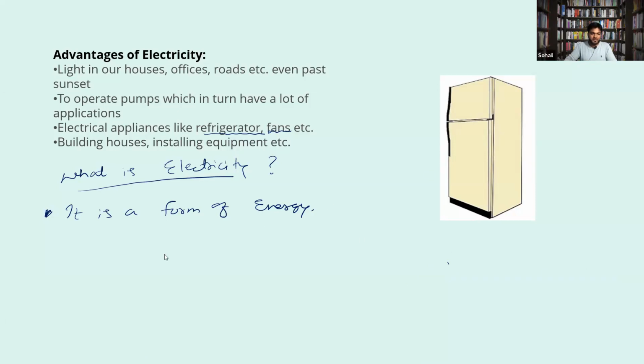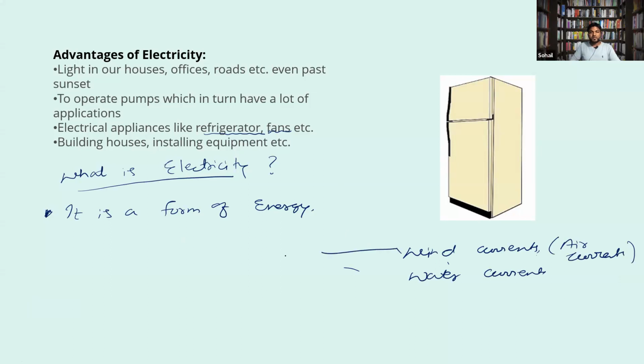Just like we study wind currents, or we do study water currents. Wind currents, or we call them air currents. So in the case of an air current or wind current, air blows from one region to another, right?